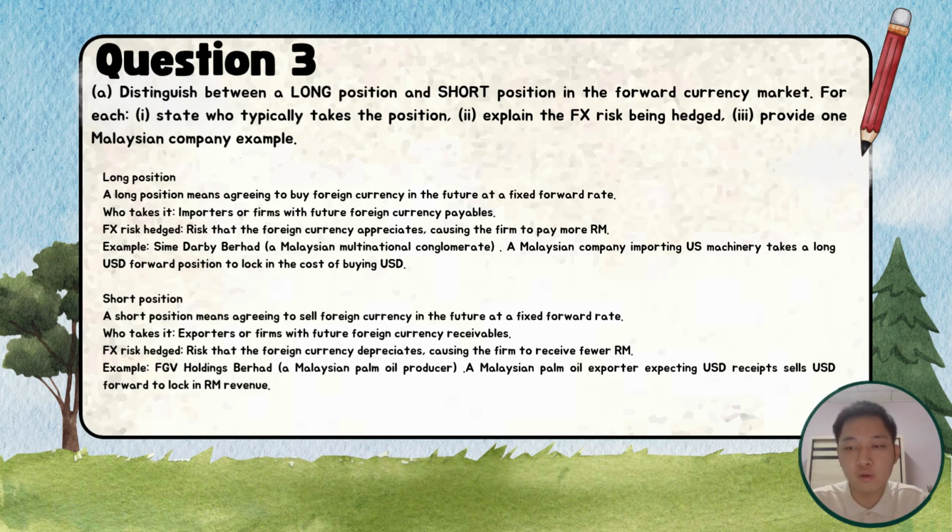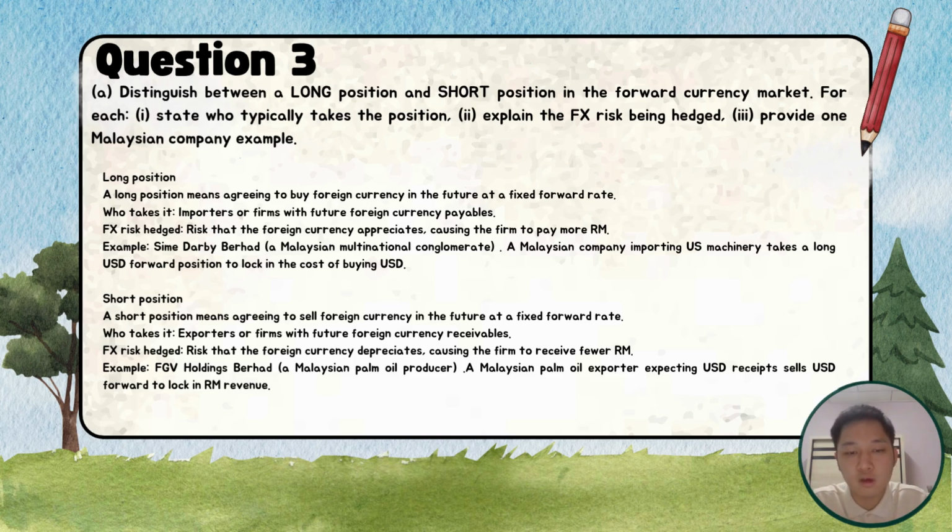The risk they want to hedge is that the foreign currency may appreciate, causing them to pay more ringgit in the future. For example, a Malaysian company importing machines from the United States may take a long US dollar forward position. This helps the company lock in the cost of buying US dollars, such as Simdabi Berhad.